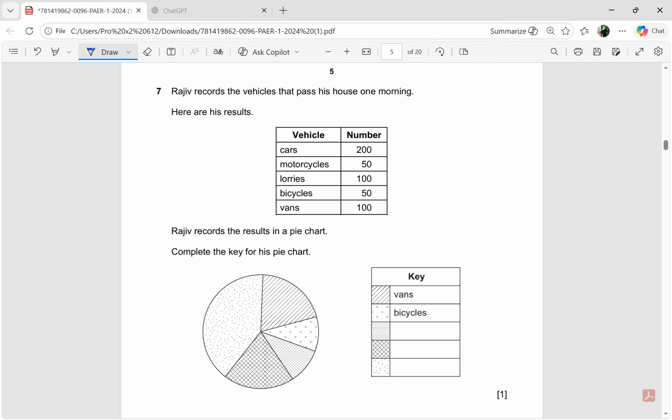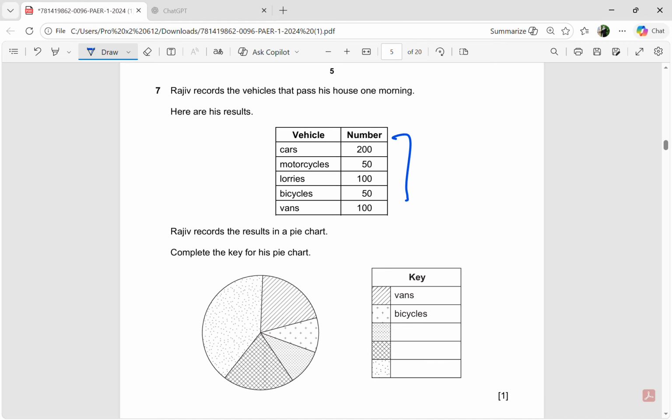So Rajiv records the vehicles that passed his house one morning. Here are the results. As you can see from this data, 200, we have a large number of cars. Cars are many. So he recorded the highest number of vehicles were the cars. This is the biggest part, so we expect this to be the cars. So the dots, these are the cars.